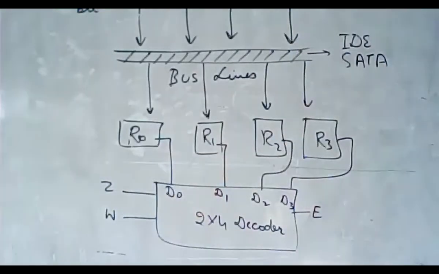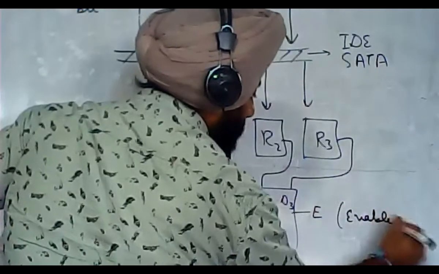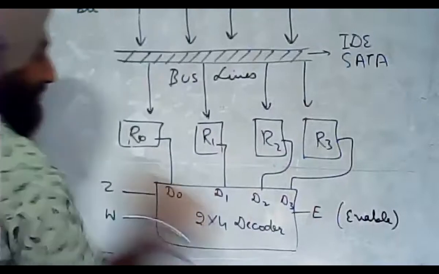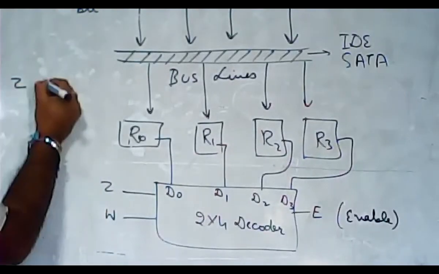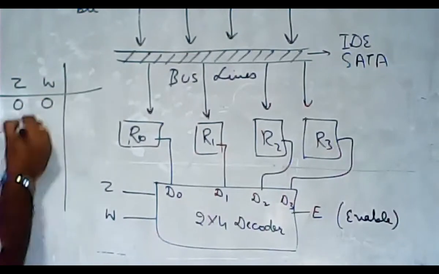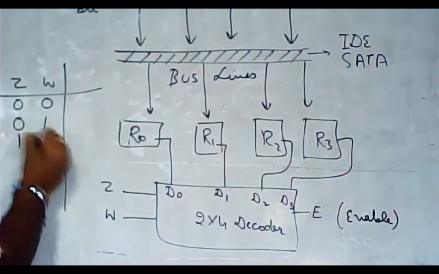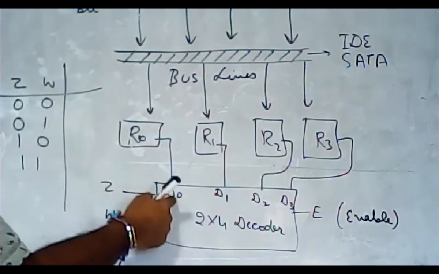First of all, E will be used to enable the decoder. Here I have used a 2 into 4 decoder, which means we have Z, W with combinations 0 0, 0 1, 1 0, 1 1.